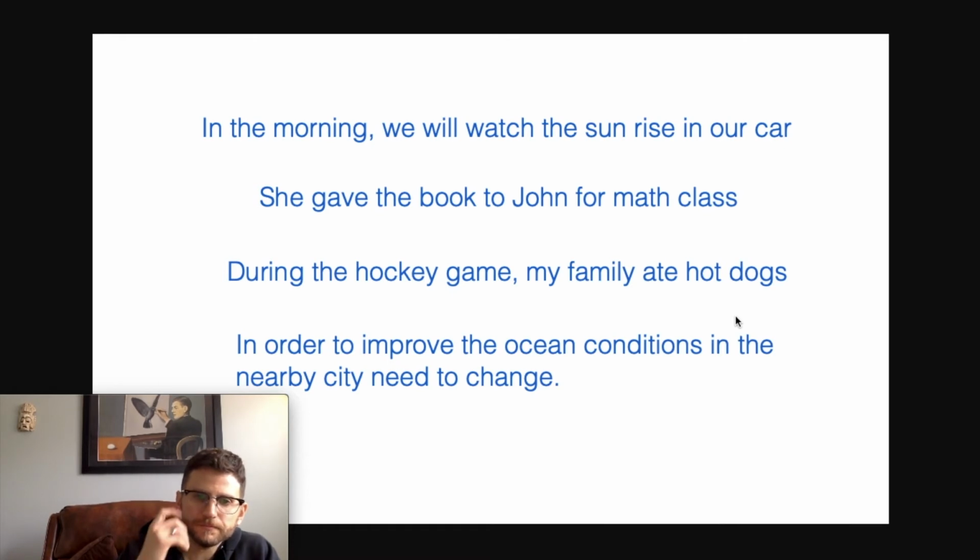Okay, let's look at that. Can you find the prepositional phrases in there? Actually, let's do what I suggested, which is look to the nouns. I've got the noun sun.